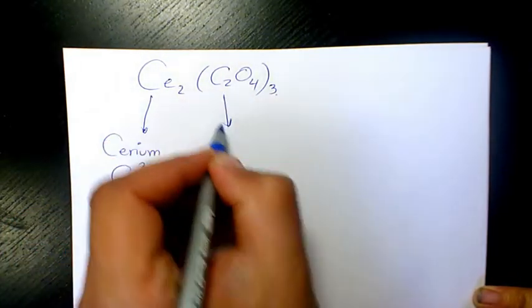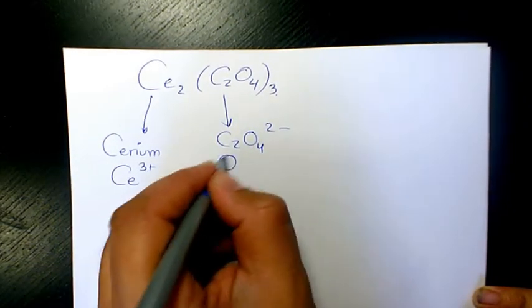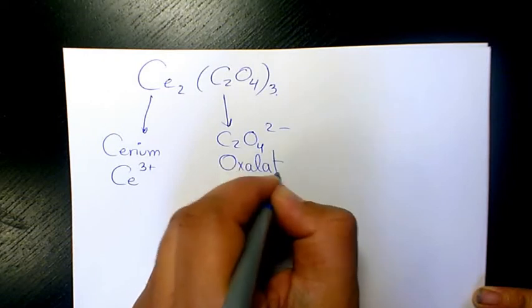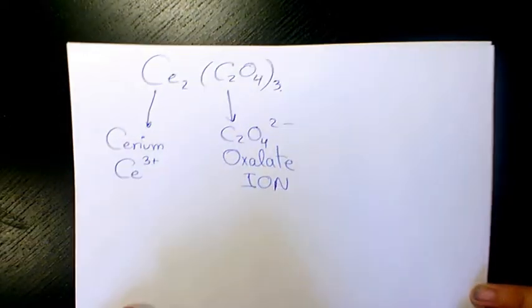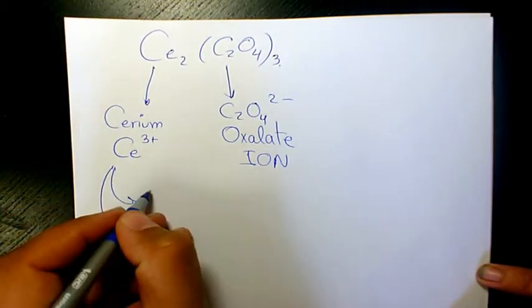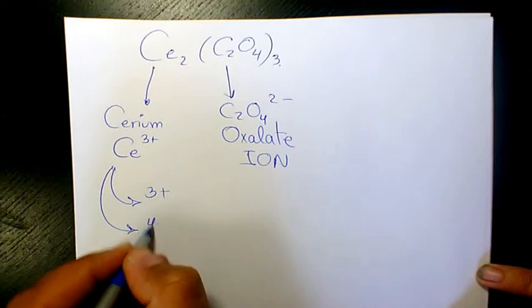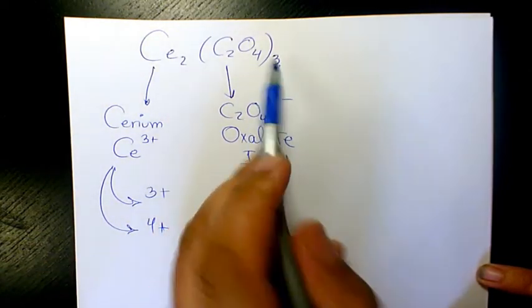And here we are dealing with C2O4 2-, which is oxalate ion. Cerium forms multivalent ions, and sometimes it gets +3 and sometimes it is +4. In this case it is 3 because we see 3 in here.